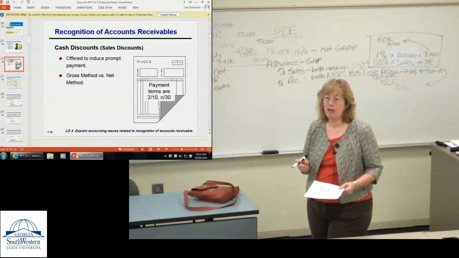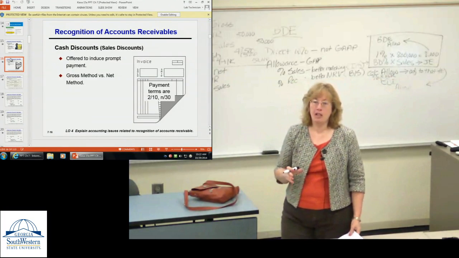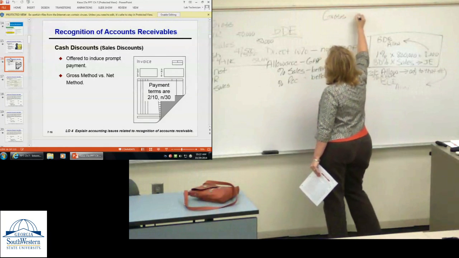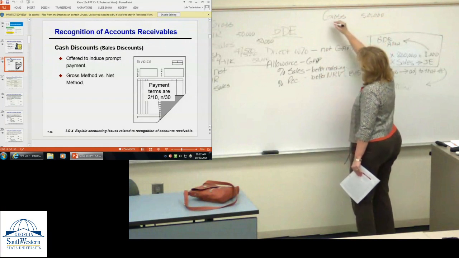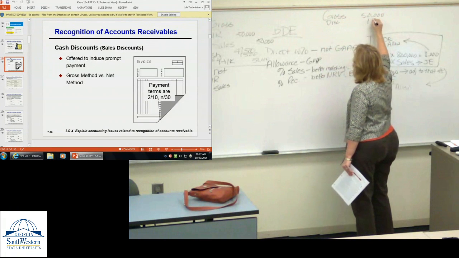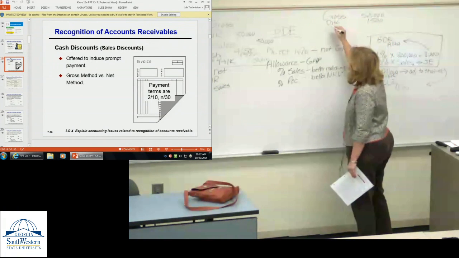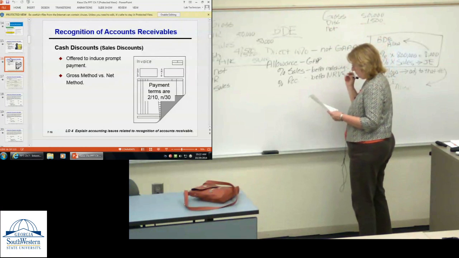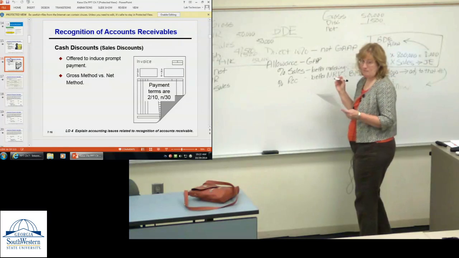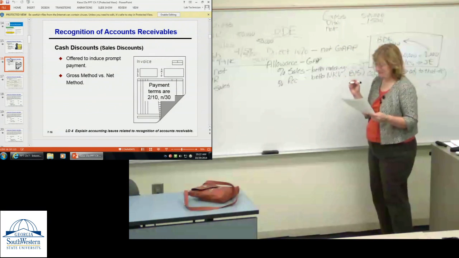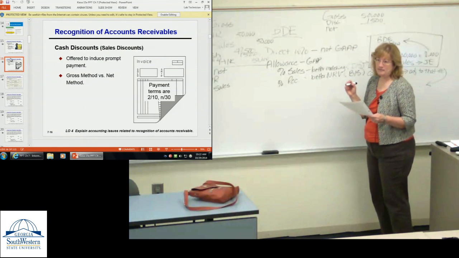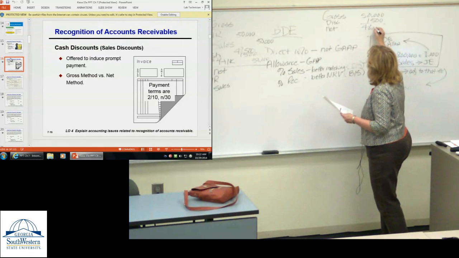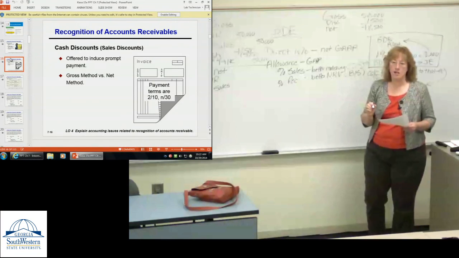We're going to debit and credit it for the net amount. Our gross amount is 50,000. The amount of the discount is what you calculated, 1,500. The net amount is $48,500.